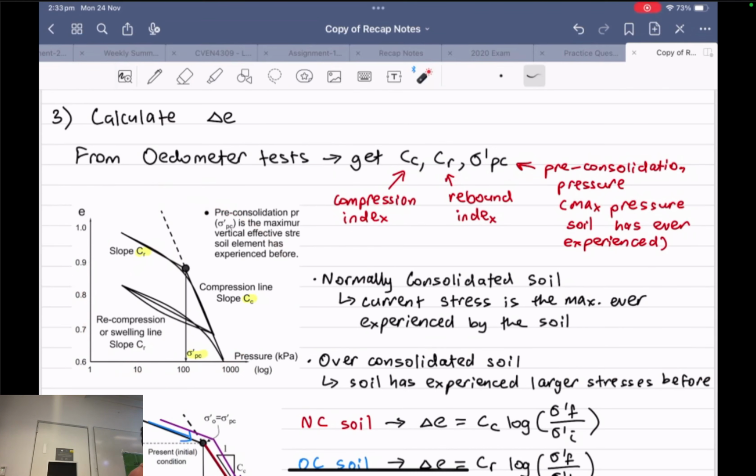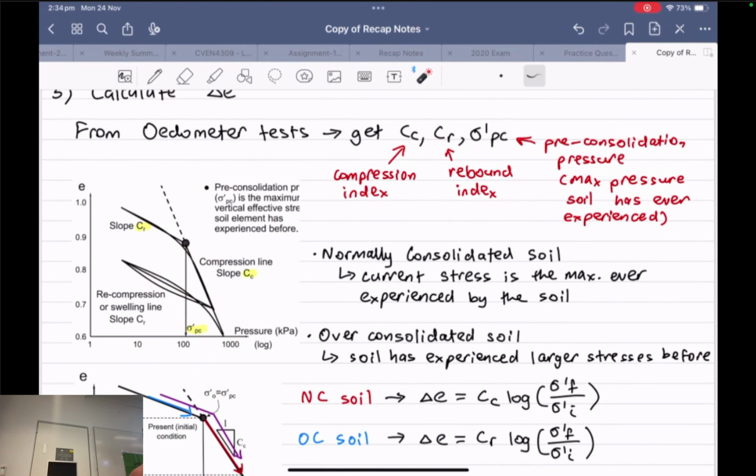You apply a certain load and the soil gets compacted and compacted until you release the load, and then the soil rebounds. So the void ratio increases because you let go of the pressure. CC is essentially the gradient of the component here, and CR is the gradient of the component here of your graph.